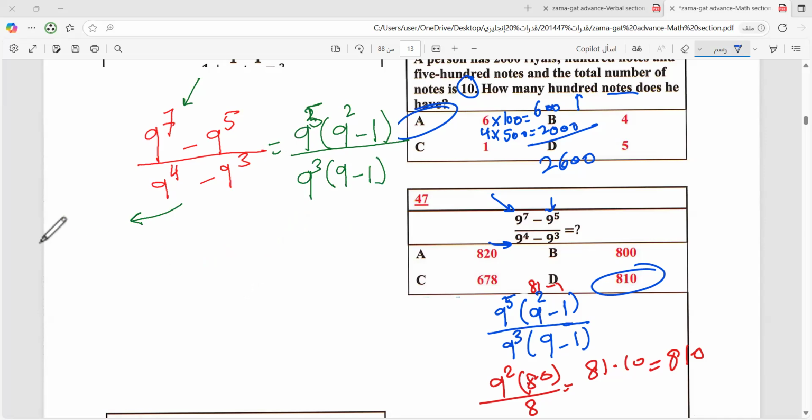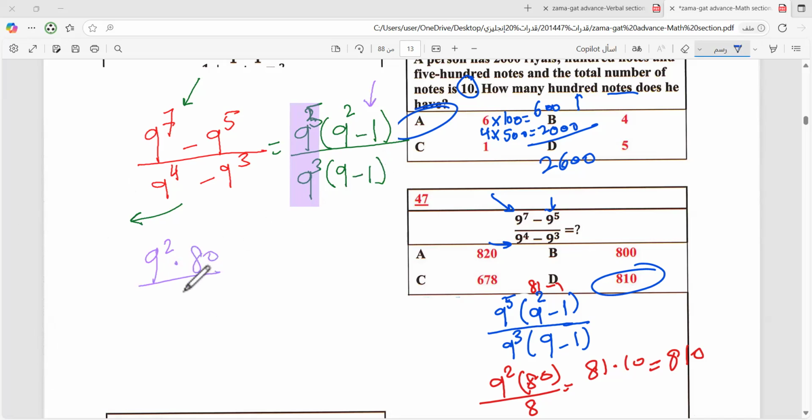And here also we can simplify, because 9 to the power of 2. In the brackets here is 81 minus 1, so it's 80.